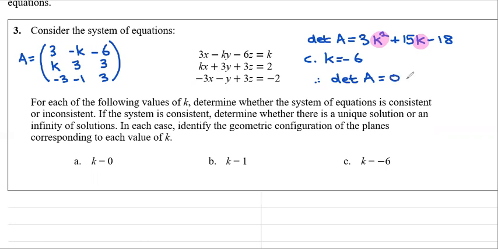So we'll get det A is equal to 0. That means this is a singular matrix again. So there's various things that can happen when you have a singular matrix. So let's explore what's going to happen if we try and solve this system of equations here, where k is equal to -6, and see if we can deduce what the geometric form would be.